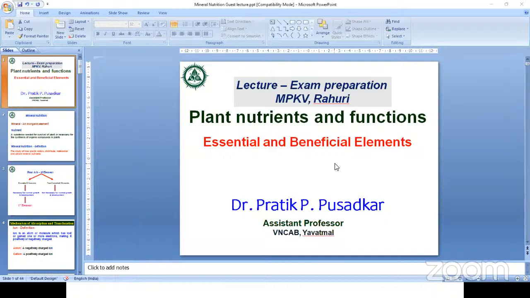For fruit formation and development, several nutrients are responsible, like nitrogen, phosphorus, potassium, along with magnesium, calcium, and some boron. All are involved in the formation of fruits.